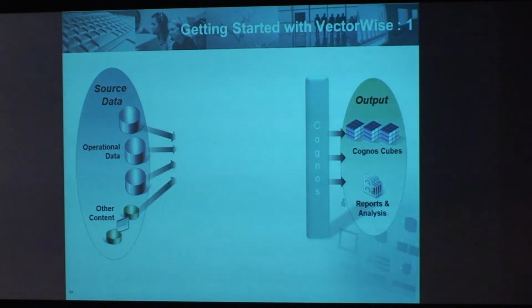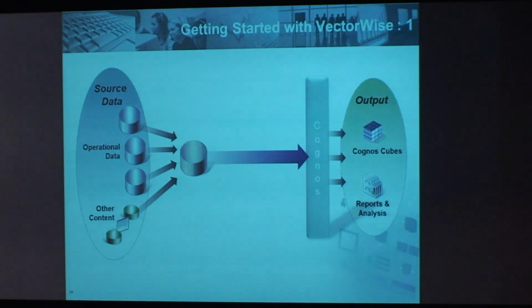Our recommendation is that you consolidate your data into a VectorWise database. Your VectorWise data store then becomes the collector for all of this data, but the important thing is, by virtue of the speed of the VectorWise database, which you've just seen demonstrated, you're able to push that data back to the end users very much faster than you ever did before.